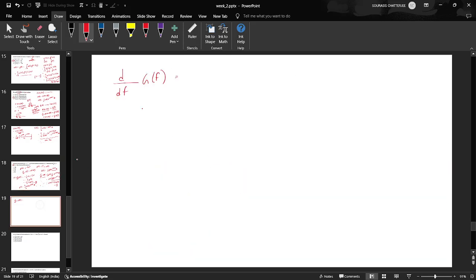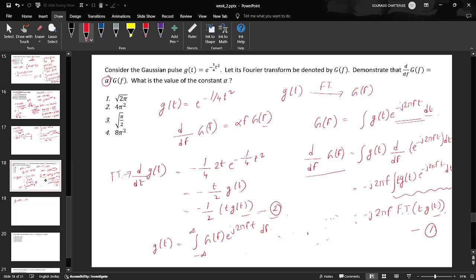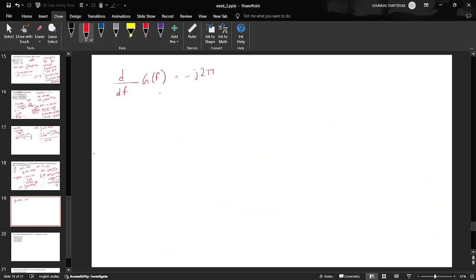We have already obtained this is nothing but minus j 2 pi times the Fourier transform of t g(t), where g(t) has Fourier transform G(f), and we have that d/dt of g(t) is nothing but minus half t g(t).